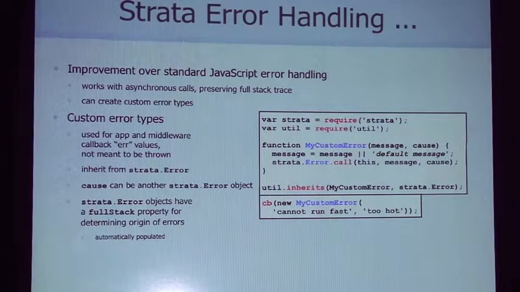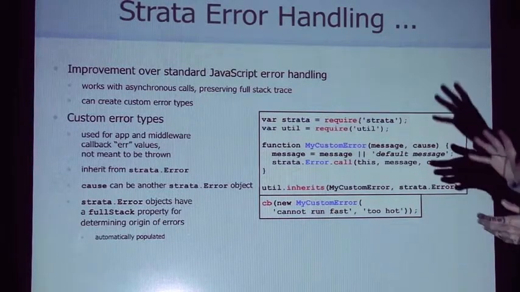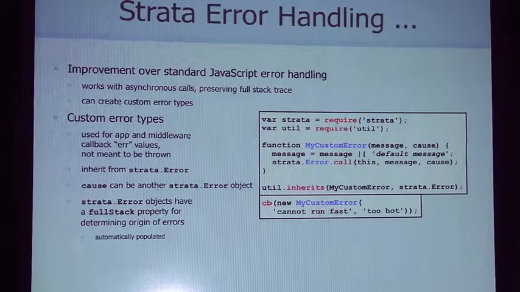Okay, so you can do some fancier things here, and I'm about out of time, so I'm going to whip through the rest of this. You can do some custom error handling, and the biggest point to this is that there's this issue in JavaScript when you do lots of asynchronous things that if a problem occurs, you lose the stack trace. Well, this is the Strata approach to helping out with that.